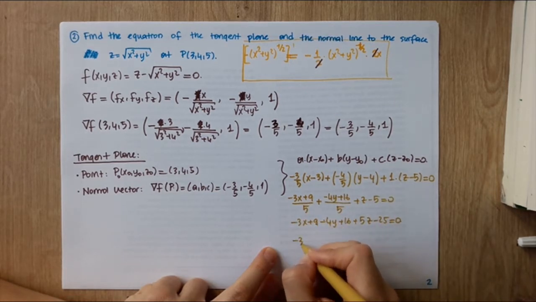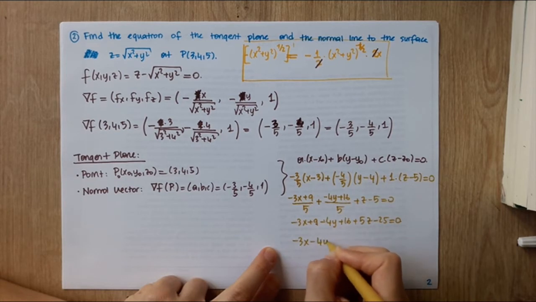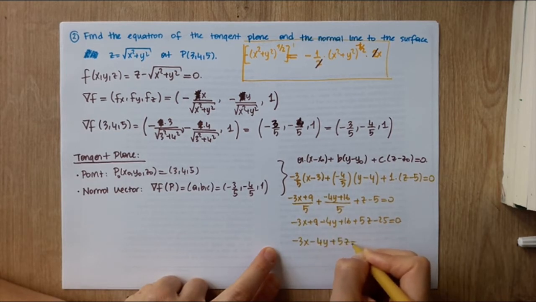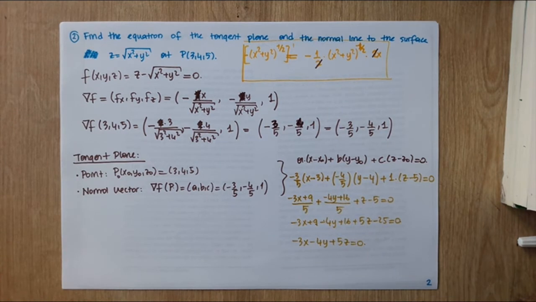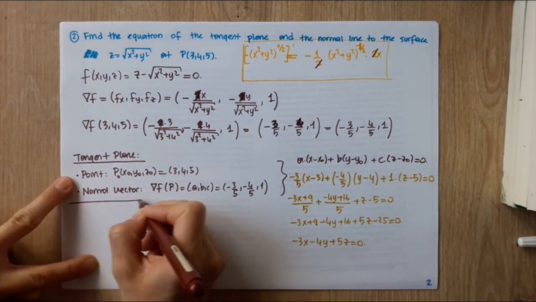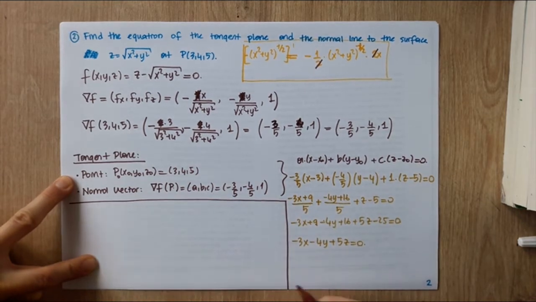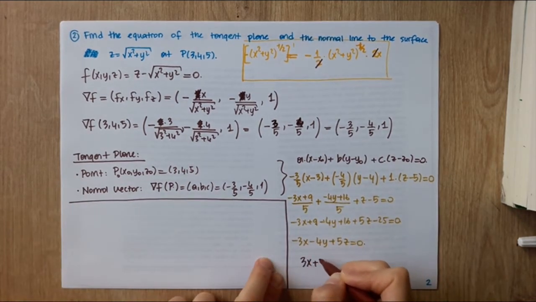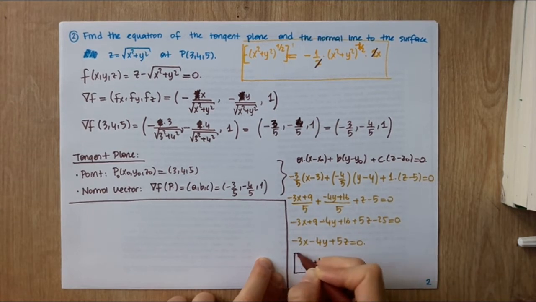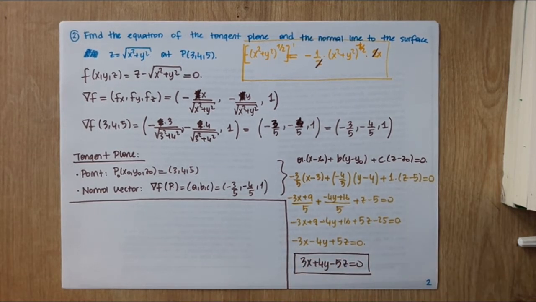So at the end I have minus 3x minus 4y plus 5z equals 0. Or you can multiply it by minus 1 and get the result 3x plus 4y minus 5z equals 0. This is the equation of the tangent plane to the surface at the given point.